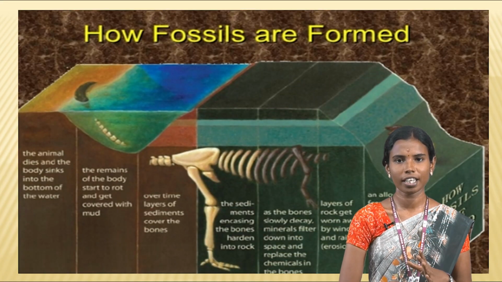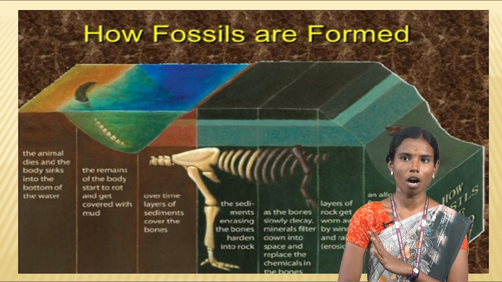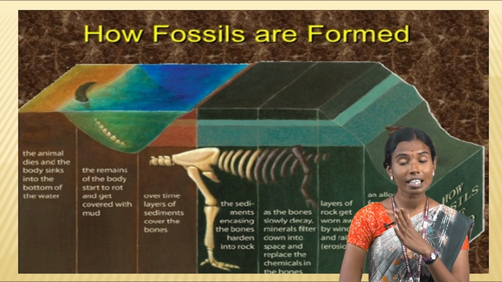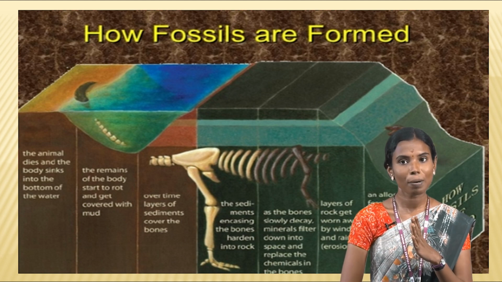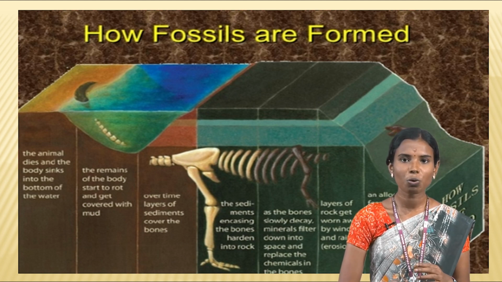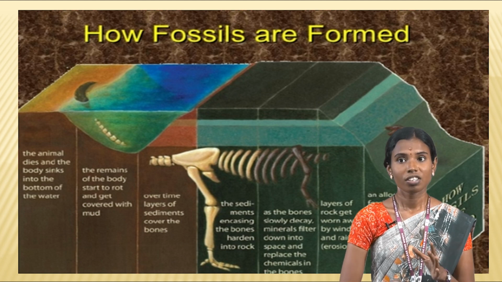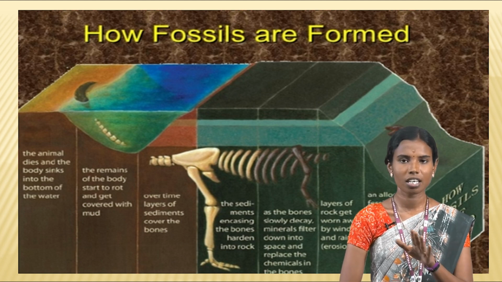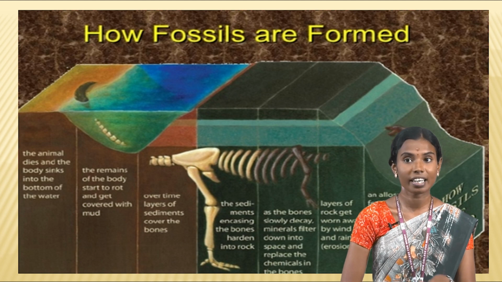Next we will see how fossils are formed. In the picture itself you can clearly see that first the animal dies and the body sinks to the bottom of the water body. Then the remains start to rot or decompose and get covered with mud or clay.